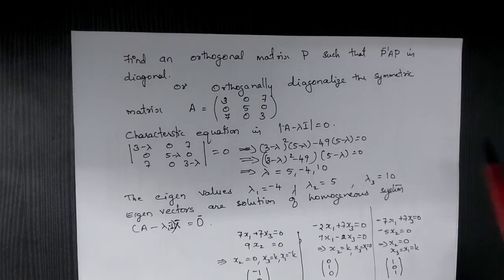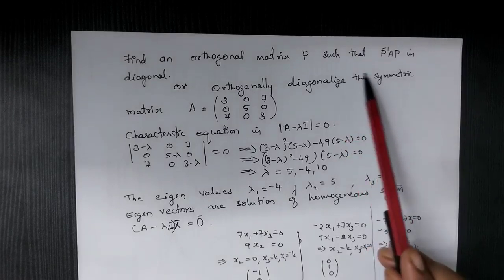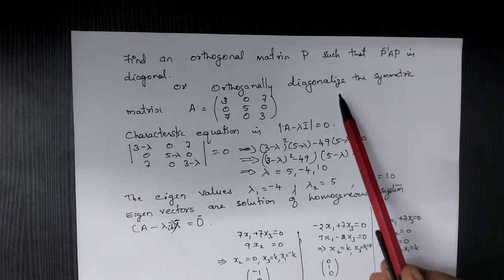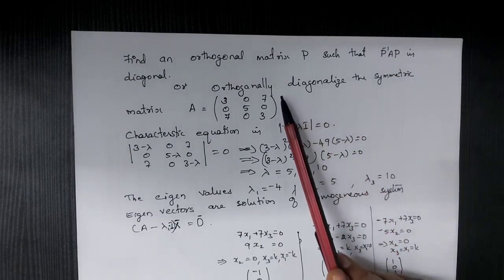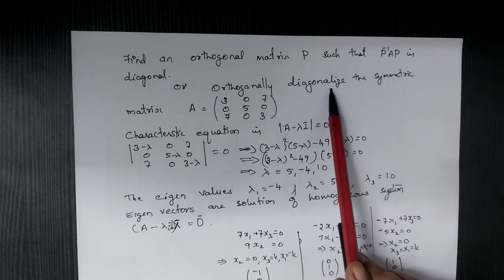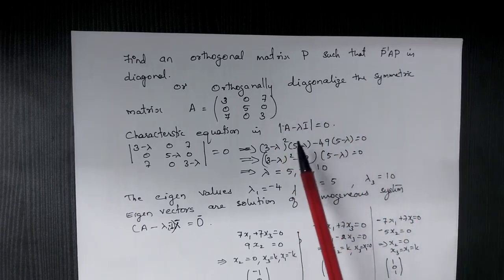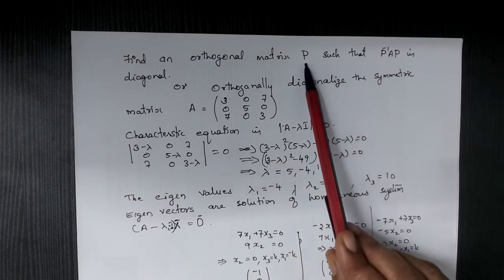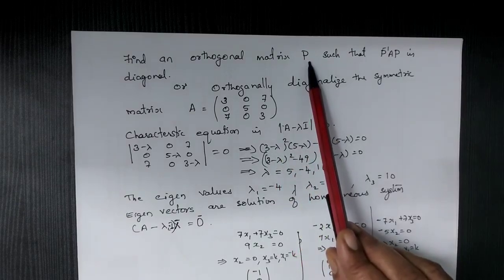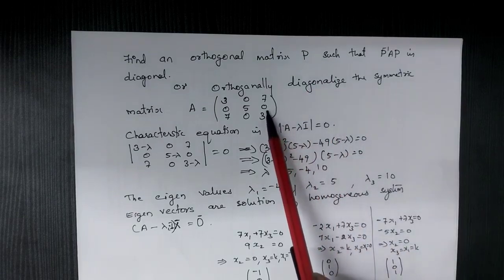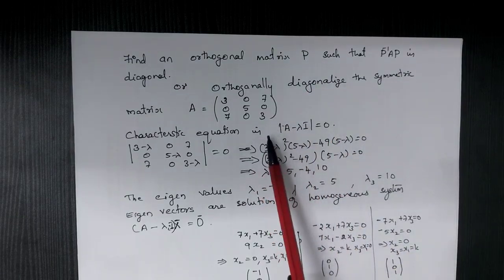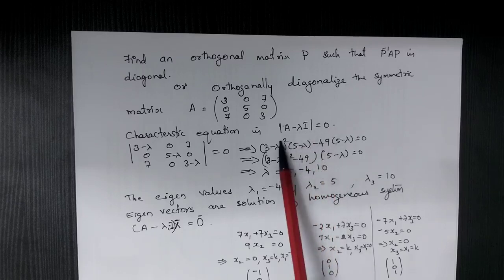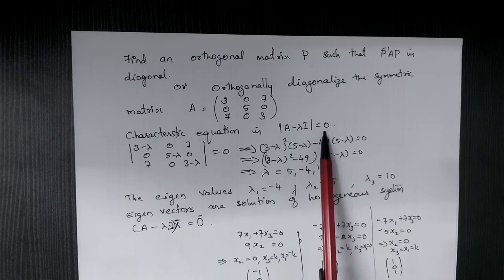Now let us see an example. Find an orthogonal matrix P such that P inverse AP is diagonal. This question can be asked like this also: orthogonally diagonalize a matrix A. It's enough if you find up to P. For that, we find the characteristic equation, which is determinant of A minus lambda I is equal to 0.